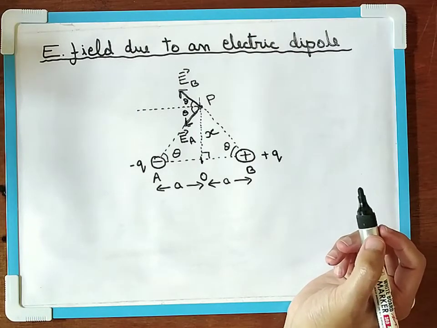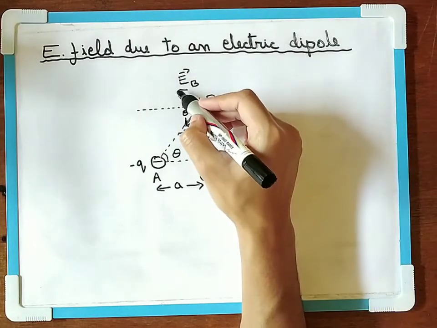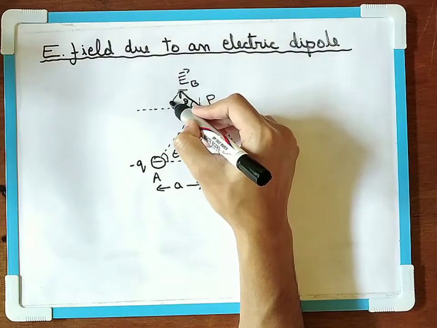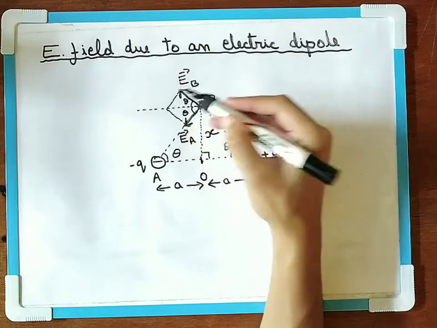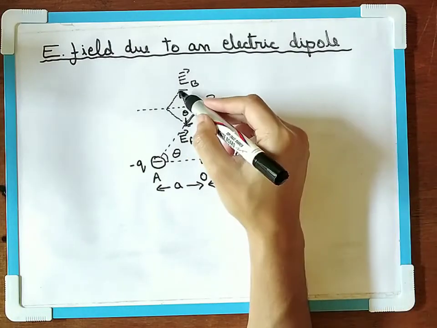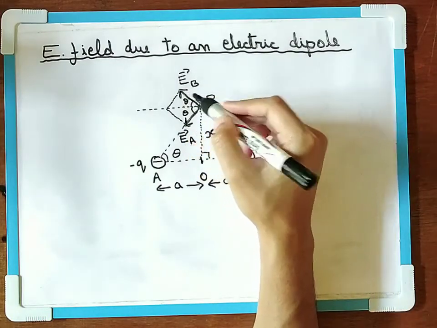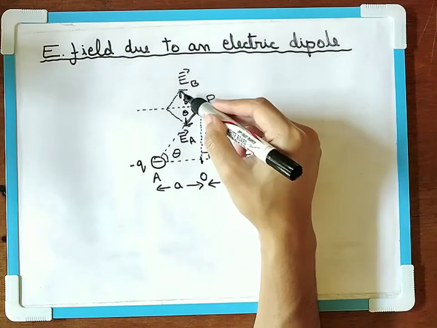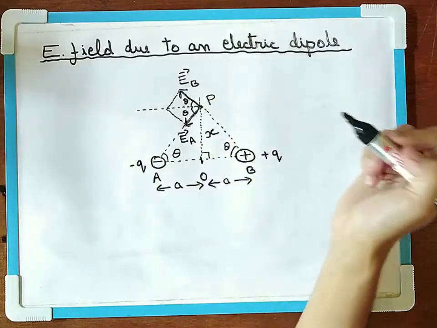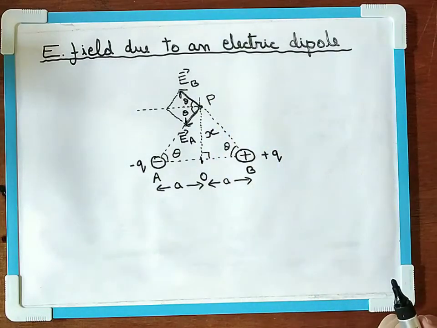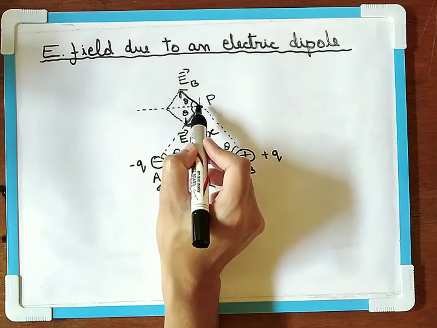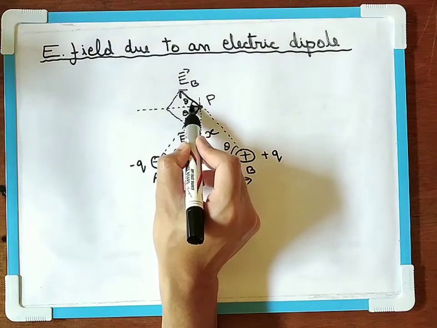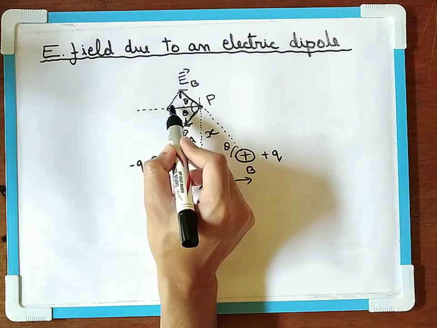Now what we'll do is we'll draw a parallelogram using the sides EA and EB. Using the two vectors EA and EB, we draw a parallelogram. Now according to the parallelogram law of vector addition, the resultant electric field intensity is given by the diagonal of the parallelogram.